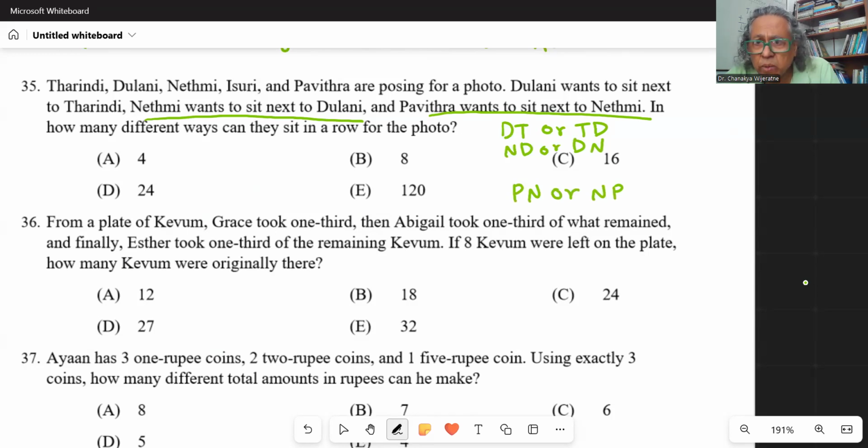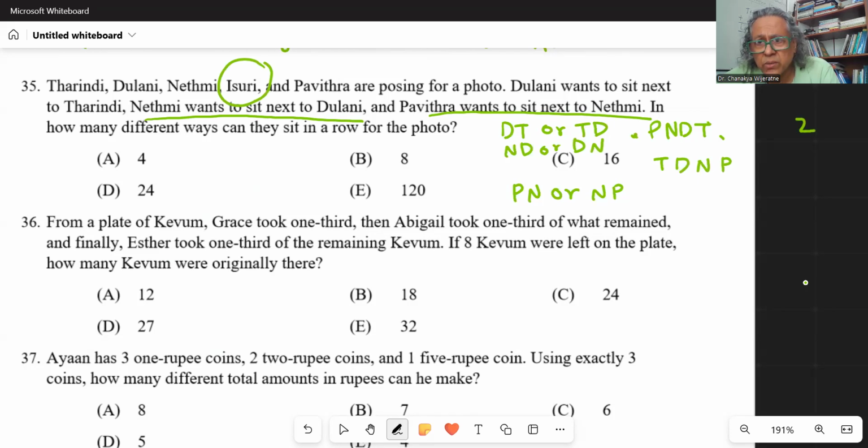So how do we arrange them in a row for the photo, right? If we start with DT, then Netmi has to be here and Paitra has to be here. But if we start with Tarindi and Dulani, then Netmi has to be here and Paitra has to be here, and then Izuri can be here or here.